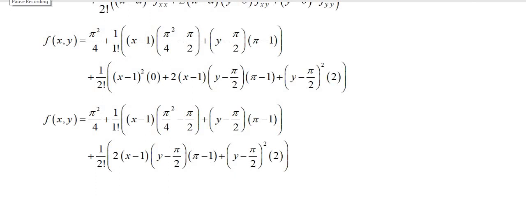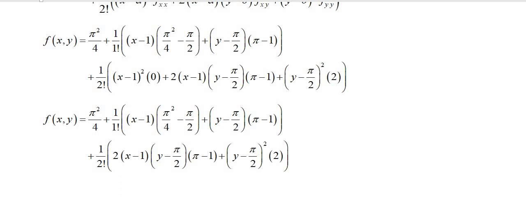Now I am going to do simplification. Pi square by 4 plus 1 by 1 factorial is 1 only. x minus 1 as it is. This one also as it is. This second term is not changing. I am going to write as it is. Plus 1 by 2 factorial.